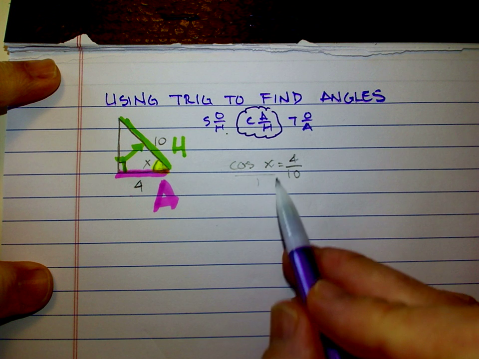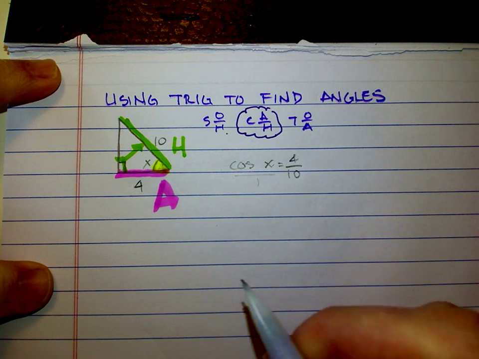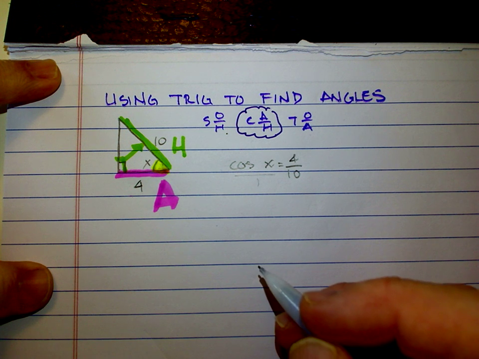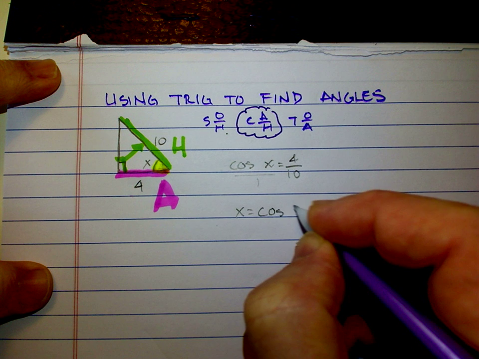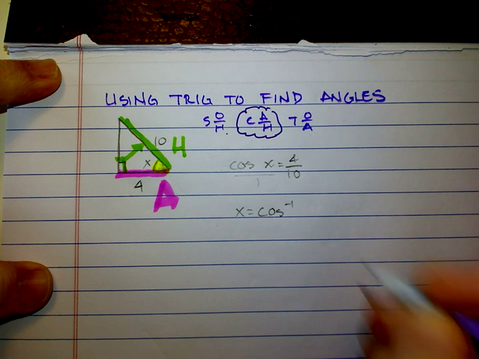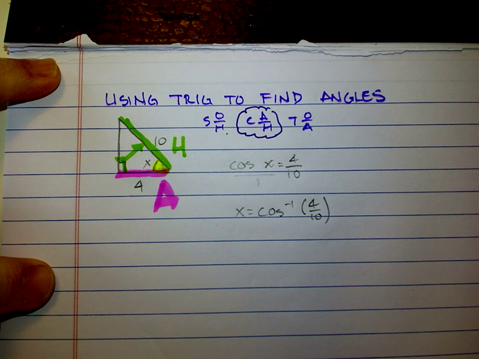This is only solved by undoing this trig ratio or trig function on the x. To do that, we're going to use something called the inverse or arc cosine of the ratio 4/10.